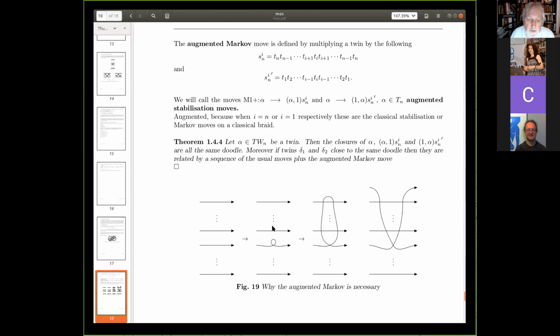You're not allowed to create a triple point. But what you can do is to create a double, you can do lots of R2 moves, and then when you've got this arc up here, it can then go round infinity, and then this braid here is one of these.